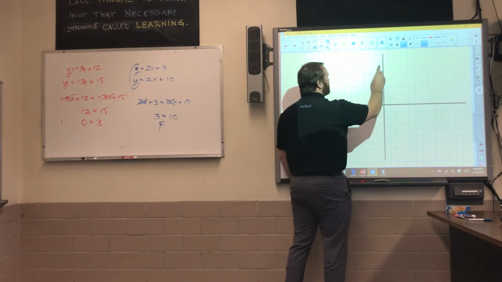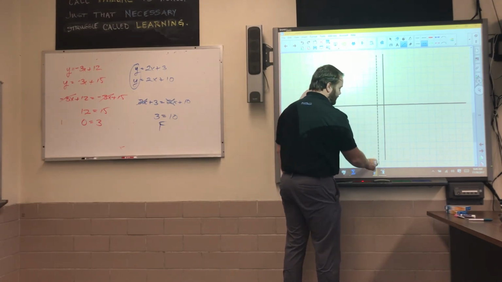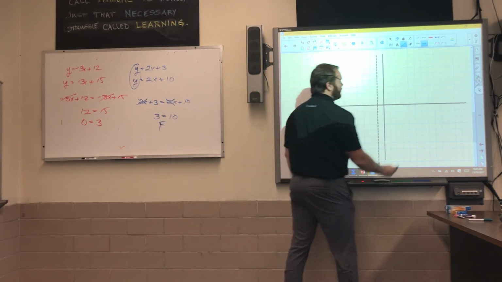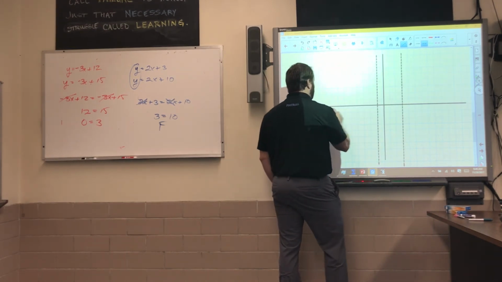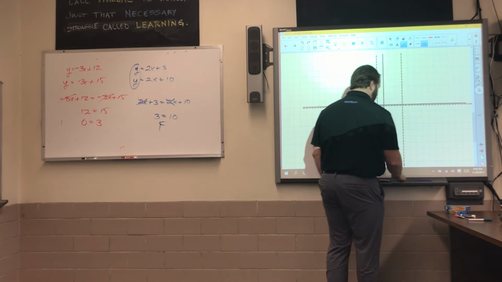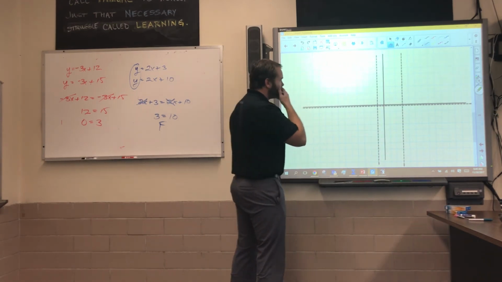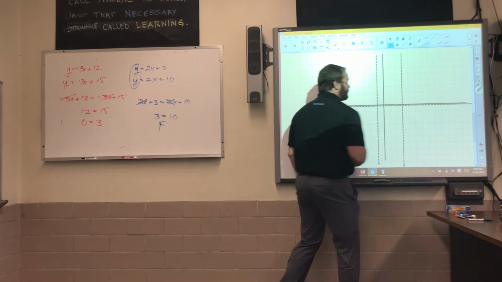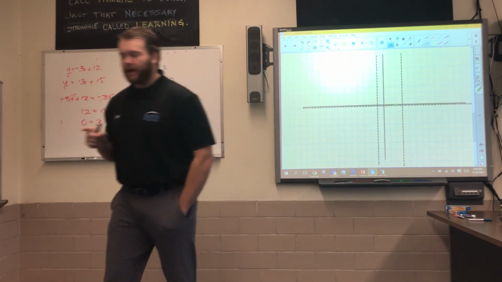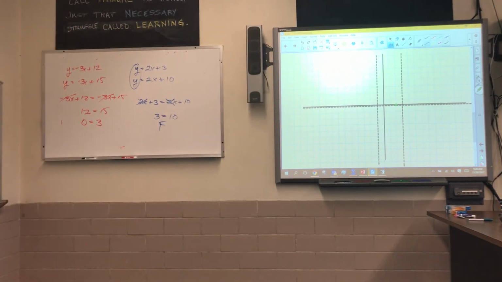But we had -1 as a vertical asymptote. We had 3 as a vertical asymptote. We had 0 as our horizontal asymptote. We had 2 as an x-intercept and a crossing of a horizontal asymptote, right?